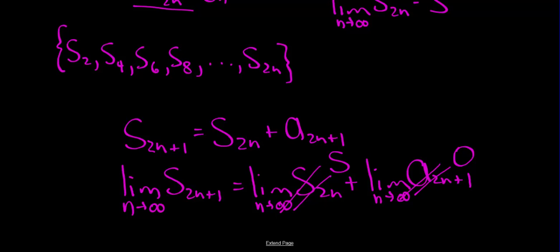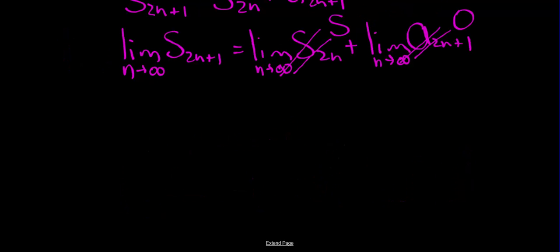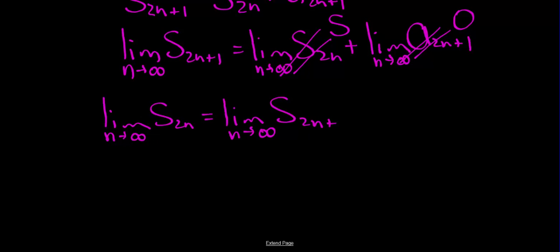So here's what we have. We have the limit as n goes to infinity of S2n equals the limit as n goes to infinity of S2n plus 1.